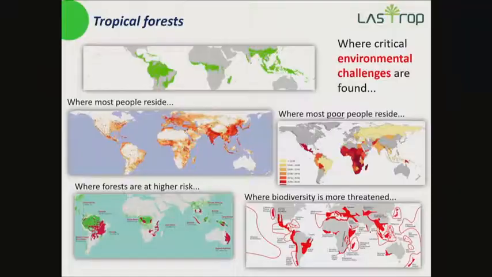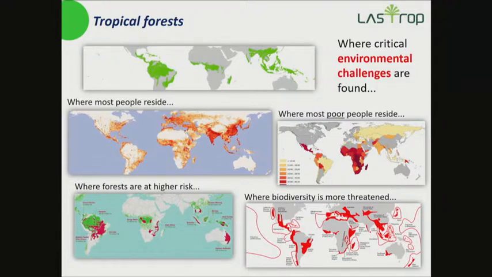But we decided to develop this work for tropical forests because it's where most of the environmental problems are located. Most of the global population live in tropical forest regions. Most of the global poor population especially live in tropical forest regions.